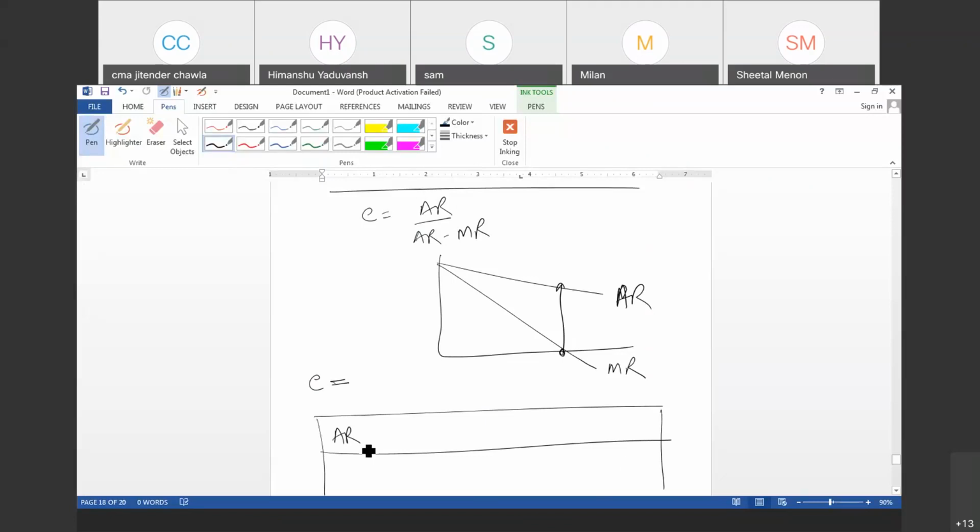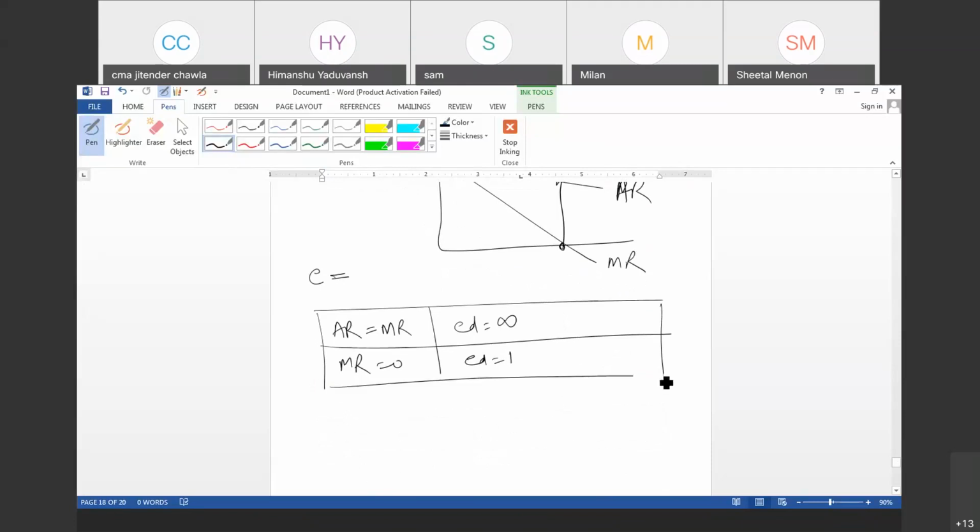When AR equals MR, ED is equal to infinity. When MR equals 0, ED equals 1. So here ED equals infinite, here ED equals 1. What happens when MR is negative? MR is less than 0, ED is less than 1. Did you understand this table, friends? Please reply.